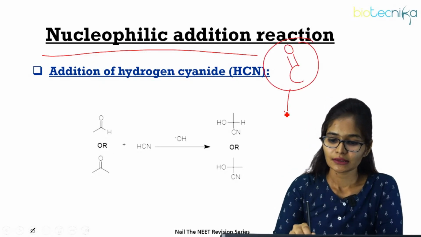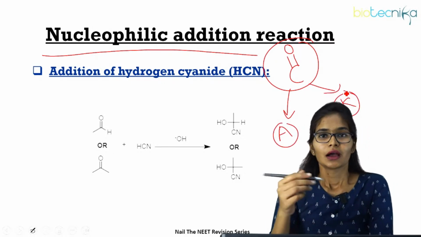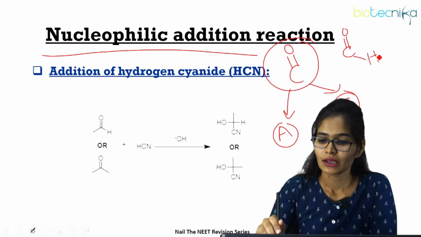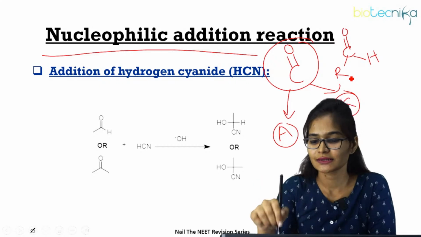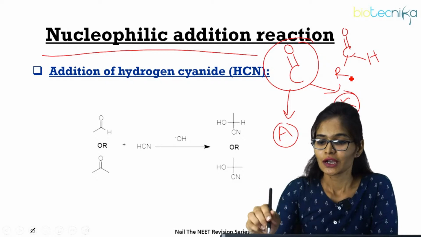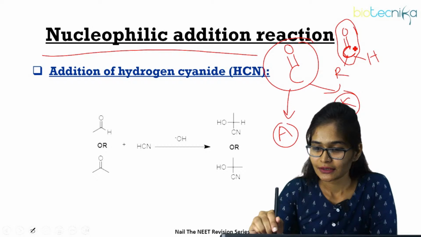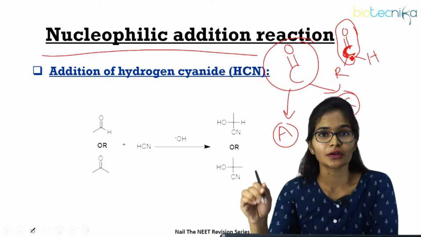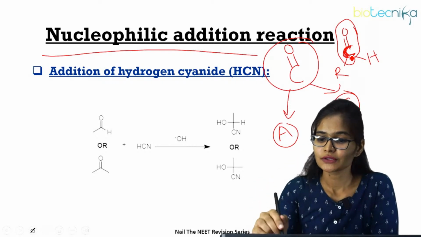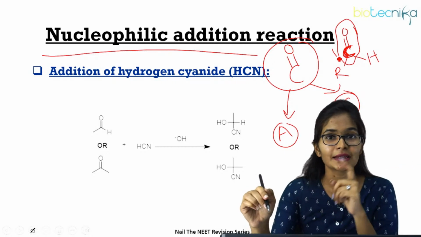The aldehyde carries one hydrogen and one alkyl group, which I will consider as R. The aldehyde carbonyl carbon is more electron deficient compared to the ketone carbonyl carbon. Why? Because it carries only one alkyl part on one side and hydrogen on the other, right?